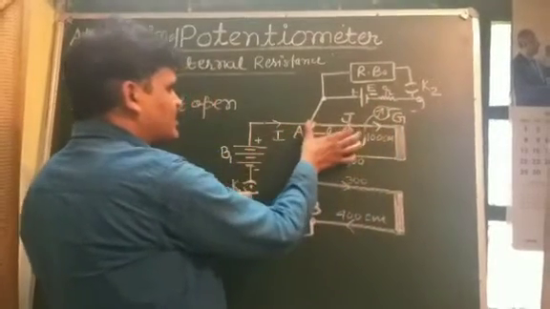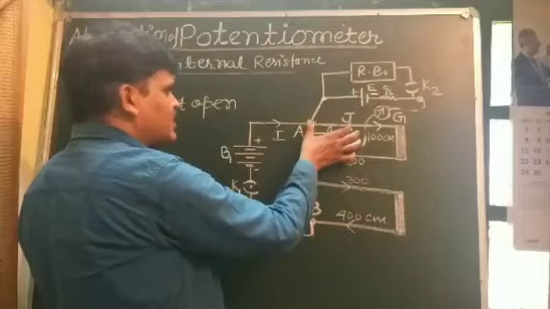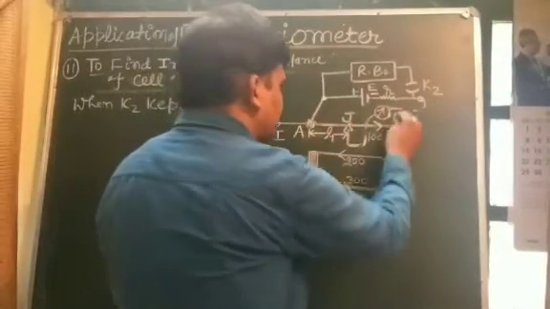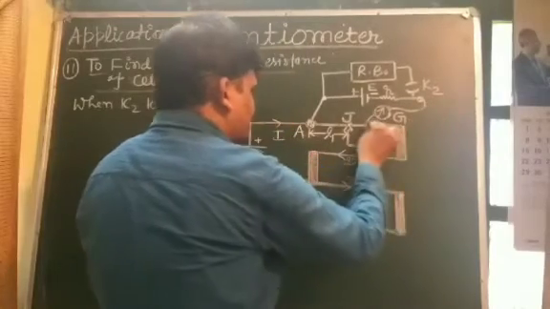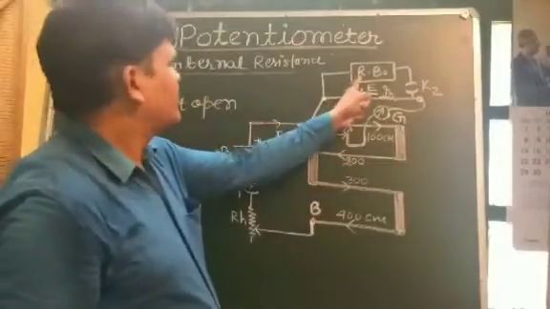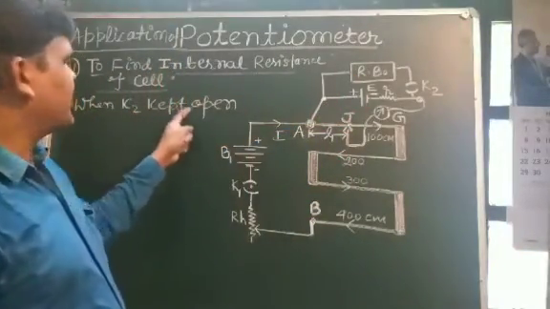It means the potential difference across length L1 is equal to the EMF of the cell, with K2 kept open.